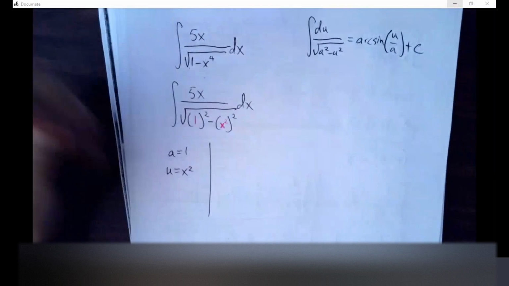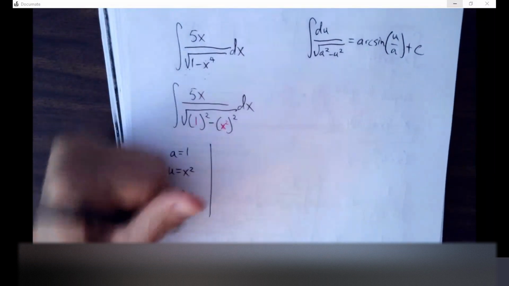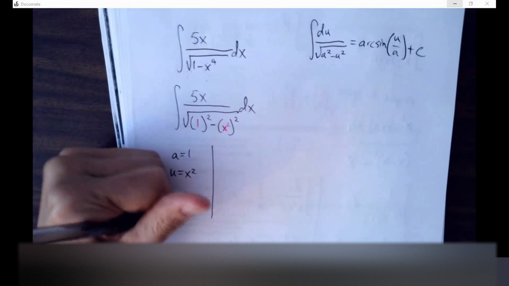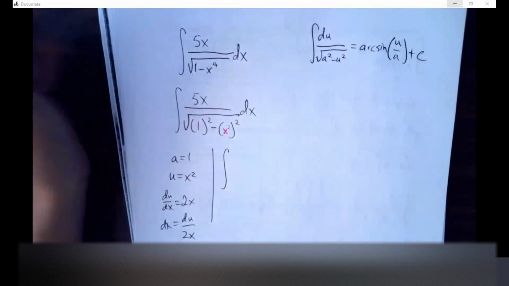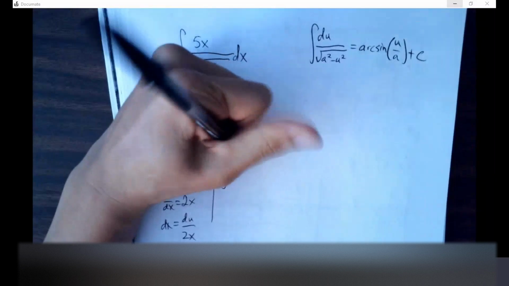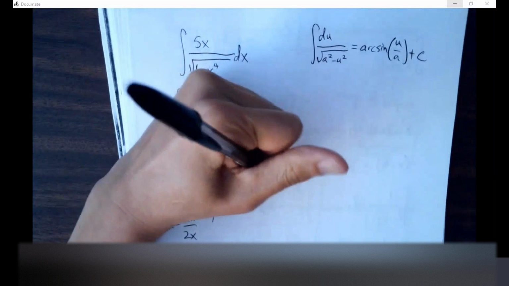And I can find the derivative here. Make my substitutions. The 5x stays. A squared minus u squared, and then du over 2x.